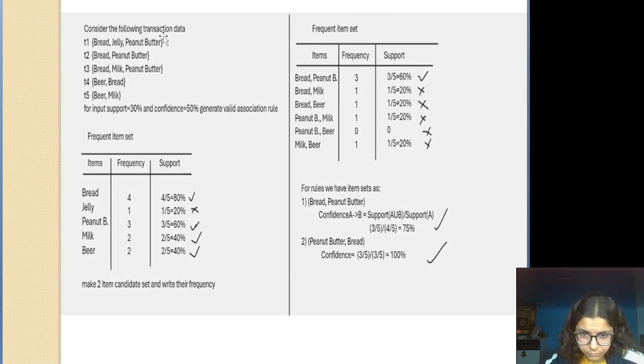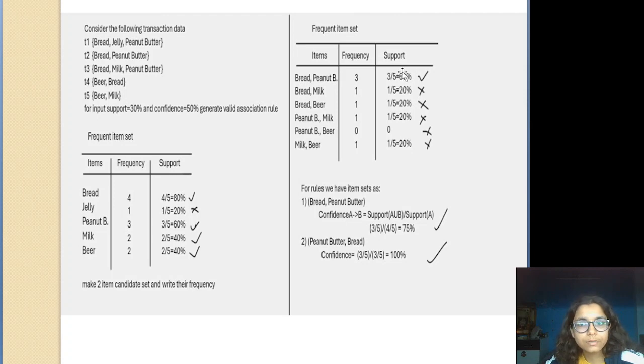Now we take two items at the same time. Bread and peanut butter came three times, in T1, T2, and T3. So the frequency of bread and peanut butter is 3, and then 3 by 5, because that is the total number of transactions.